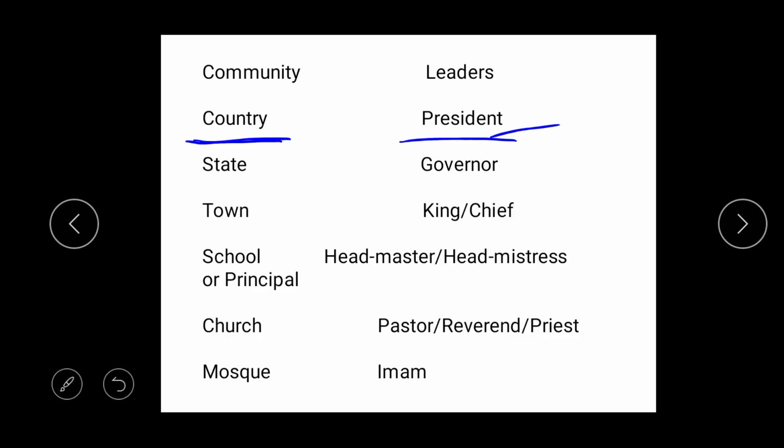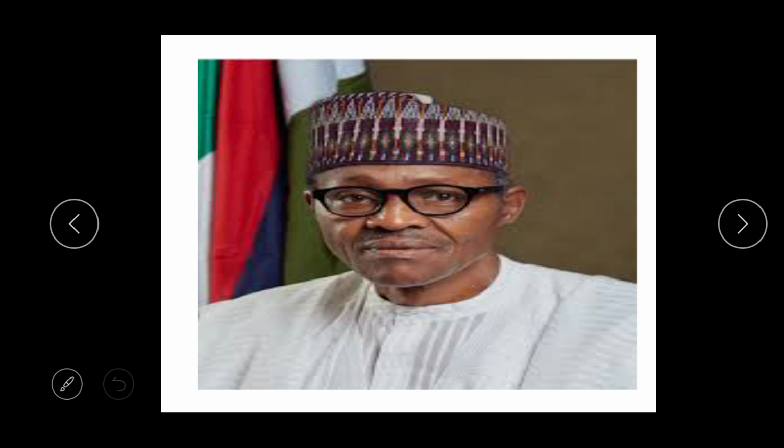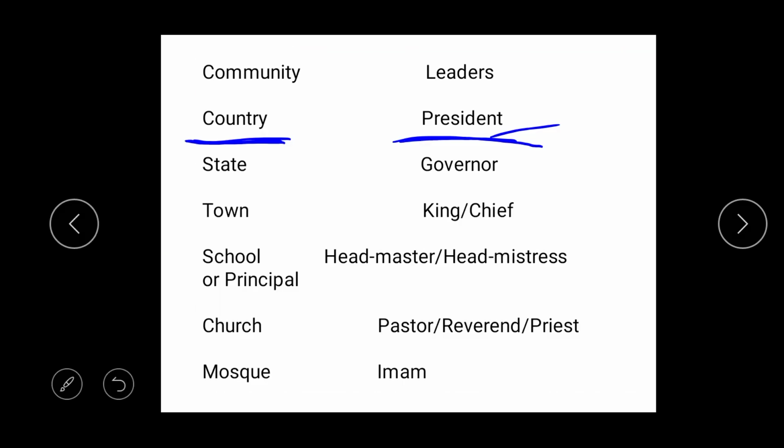Also, let's look at another country like USA. In the USA, they have a president, and the name of the president is Joe Biden. This is the picture of Joe Biden. So that is it with country.